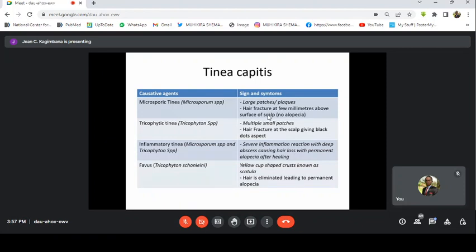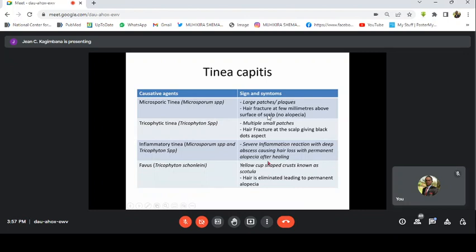Now, inflammatory tinea is associated with inflammation because this is very aggressive. It originates from cattle. It is zoophilic. Now, favus, yellow cup-shaped crusts.